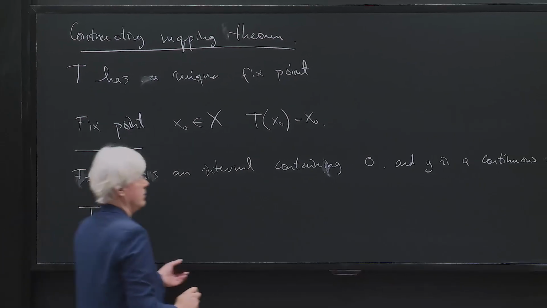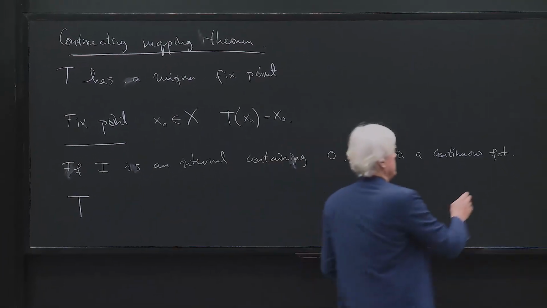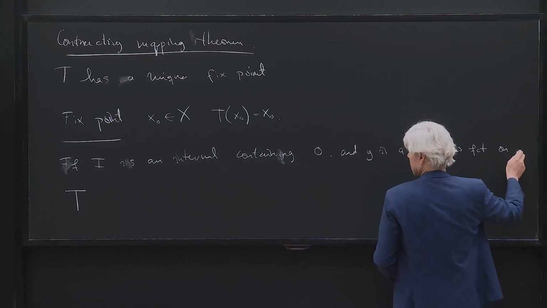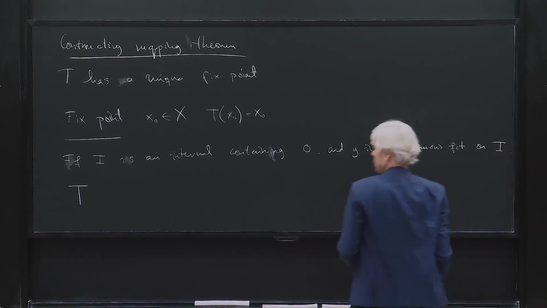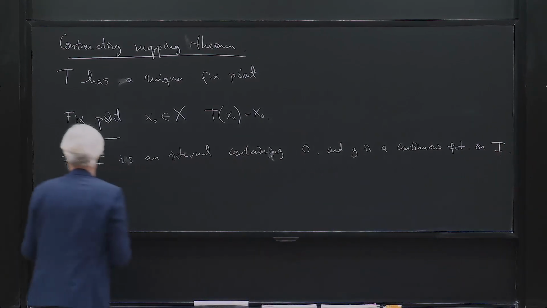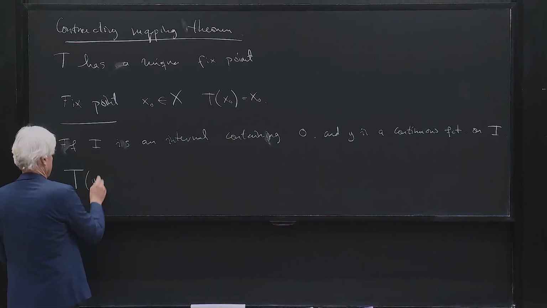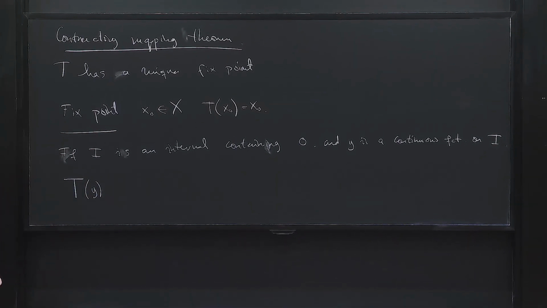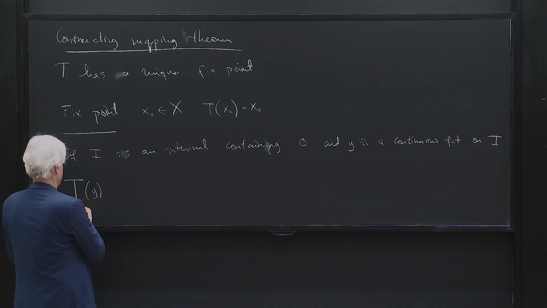This is a continuous function on the interval I. Then we defined another continuous function on the same interval as follows: T of y is going to be a continuous function.